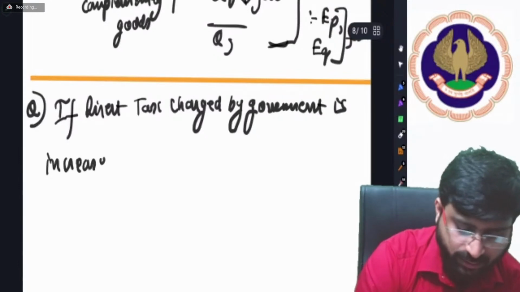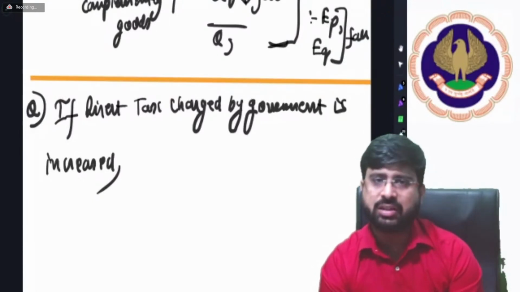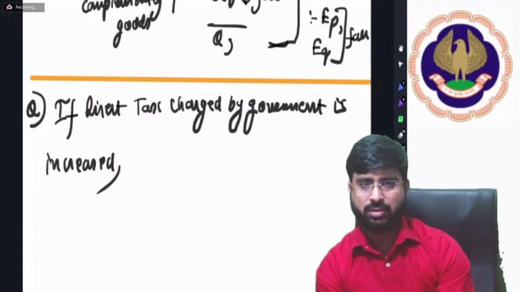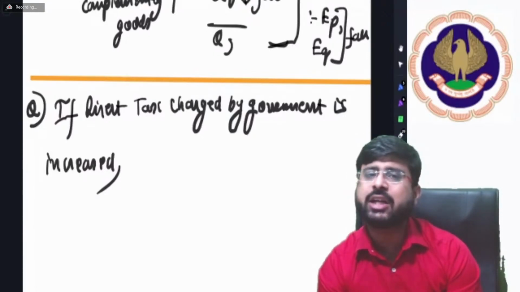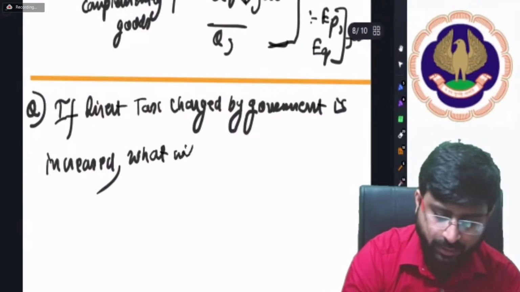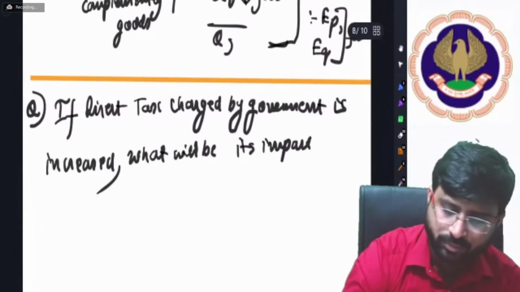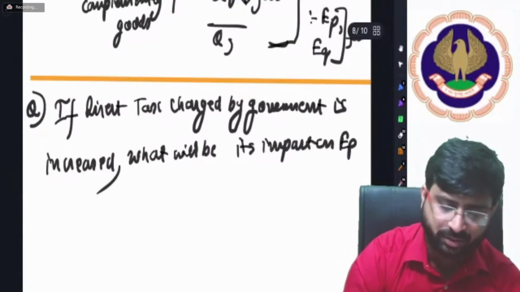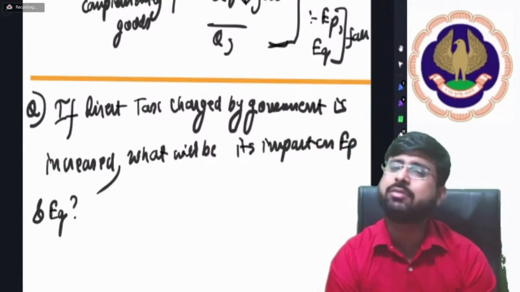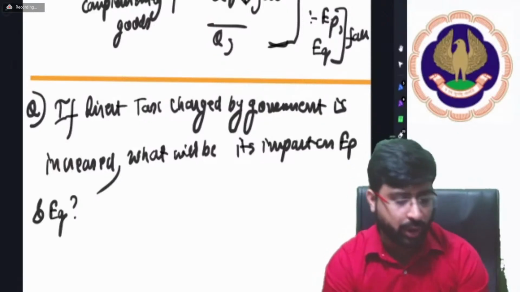If direct tax charged by the government is increased, what will be its impact on equilibrium price and equilibrium quantity?